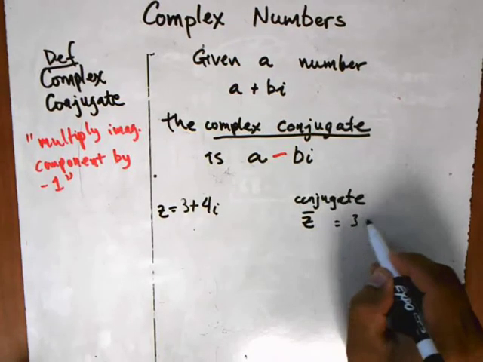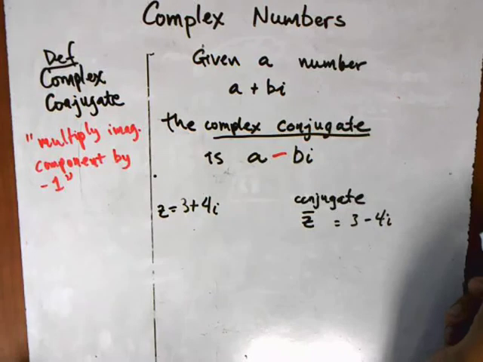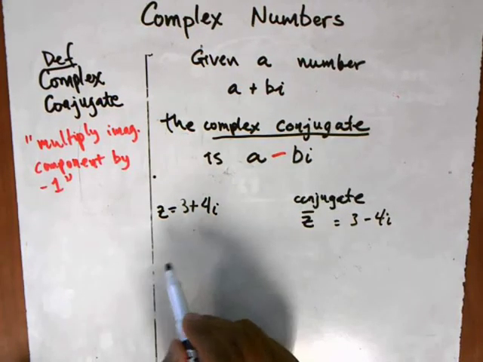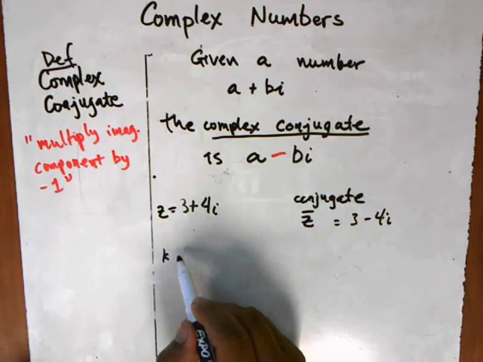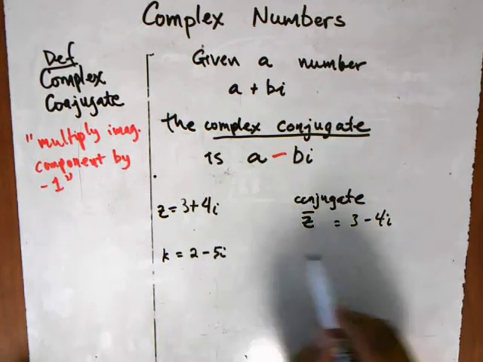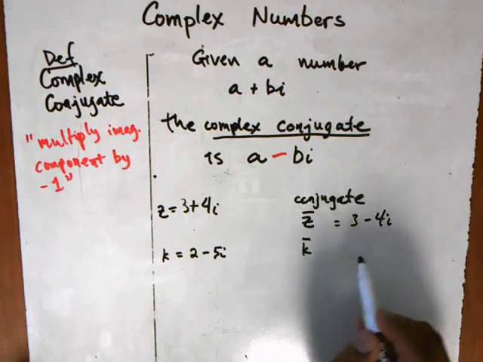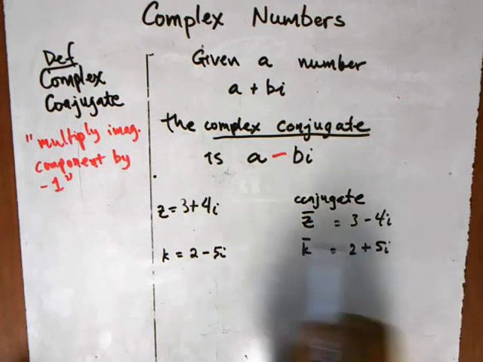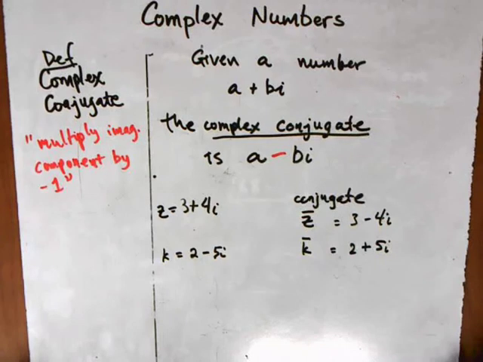It's just equal to 3 minus 4i. Let's do one more. If I have a number, we'll call this k, equal to 2 minus 5i, then the conjugate k bar is really just equal to 2 plus 5i. So we just flip the sign of the imaginary part.